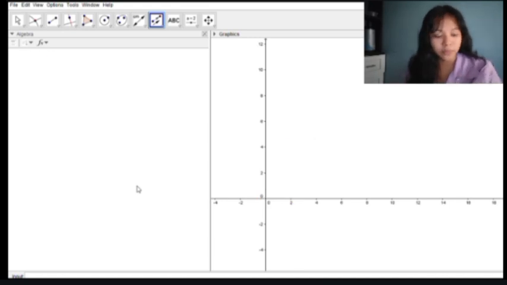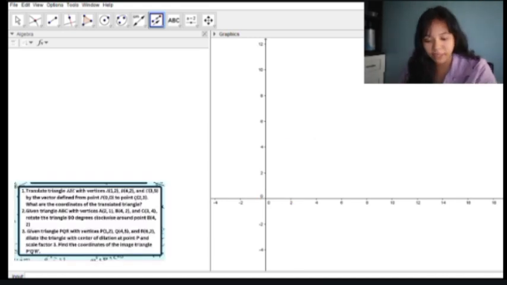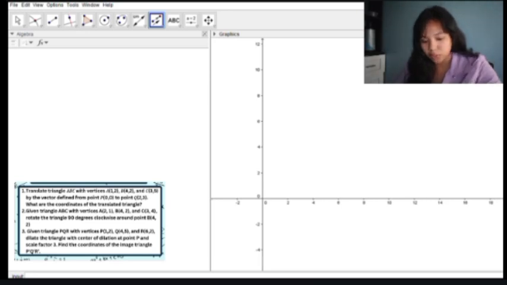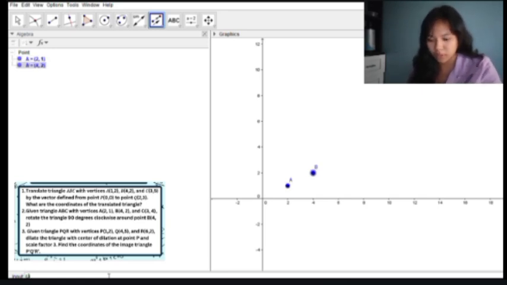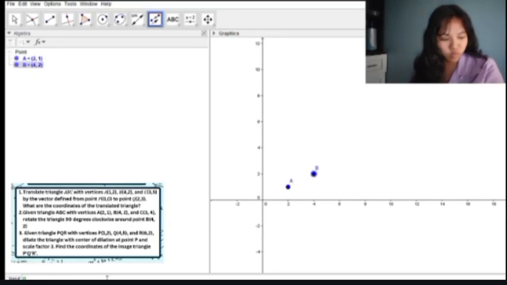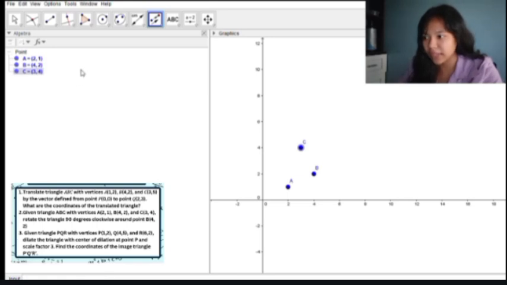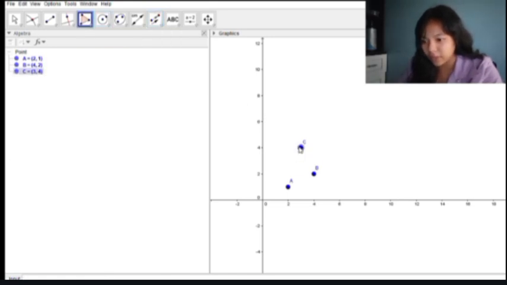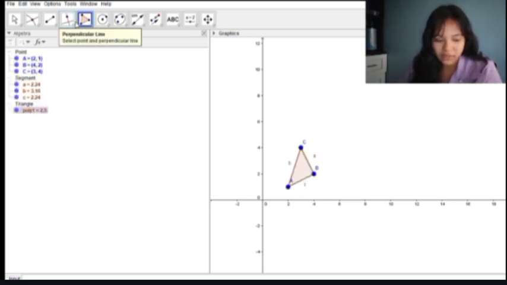So for question number 2, given a triangle ABC with the points (2, 1), (4, 2), and (3, 4). I can connect it with the polygon because it says it is a triangle.